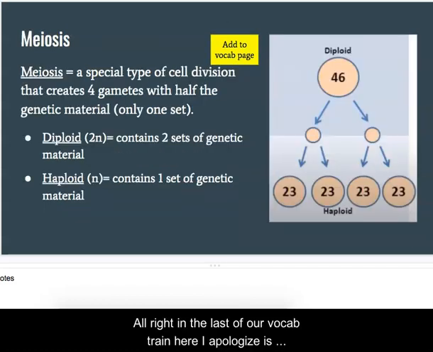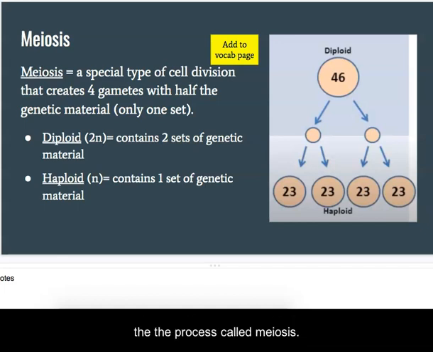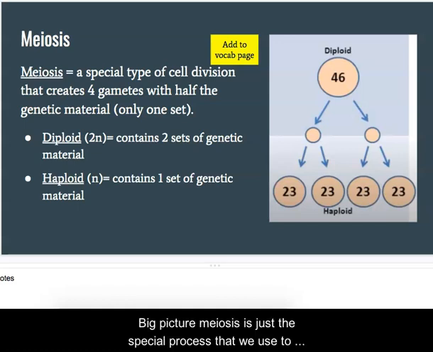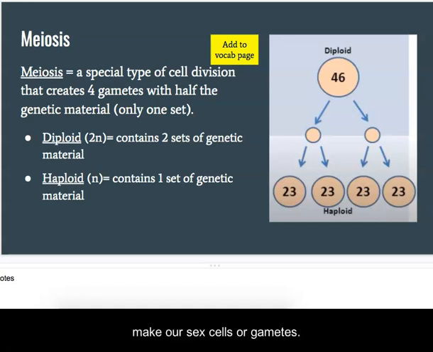All right, and the last of our vocab train here, I apologize, is the process called meiosis. And big picture, meiosis is just the special process that we use to make our sex cells, our gametes. So it's a special type of cell division that makes our gametes.